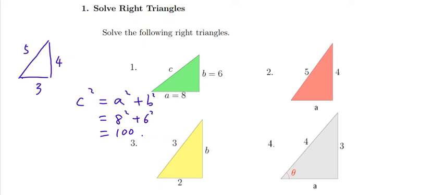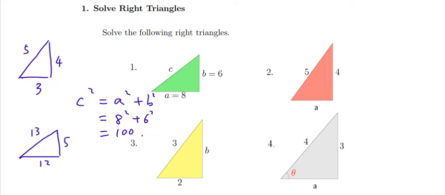And the other one is 5, 12, then this is 13. But anyway, if we apply C squared equals A squared plus B squared, we can solve those problems easily.